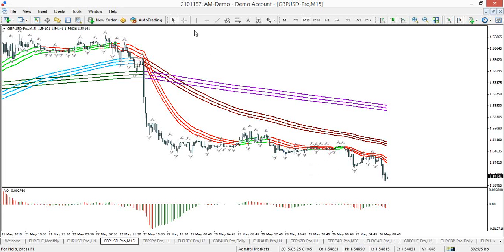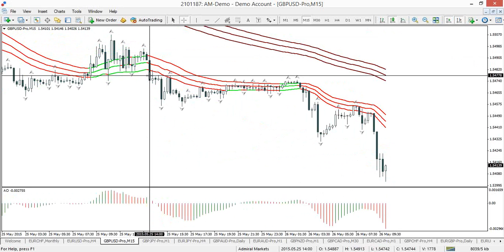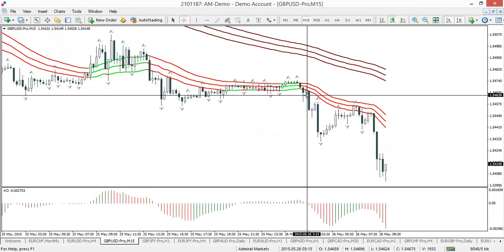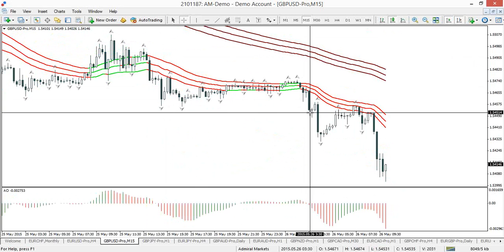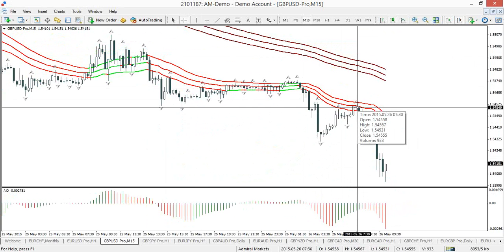But this one, for instance, here, is one of those potentials yesterday or earlier this morning. More in the Asian session, in fact. Or even this hook back.